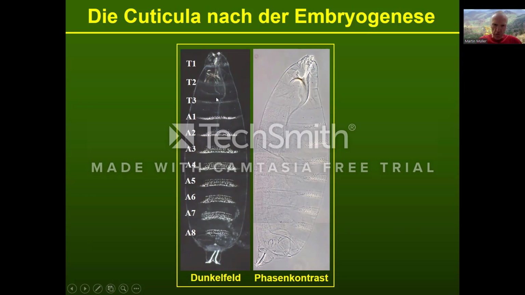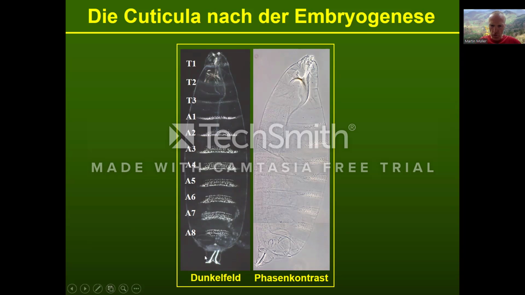Then you have the different segments, thoracic 1 to 3, abdominal 1 to 8, and you can see that these structures can be very helpful when you are looking at mutants which have an influence on embryonic development, and this is what Janni Nüsslein and Eric Wischhaus were doing in the late 70s, beginning of the 80s. We will come to that in a few slides.